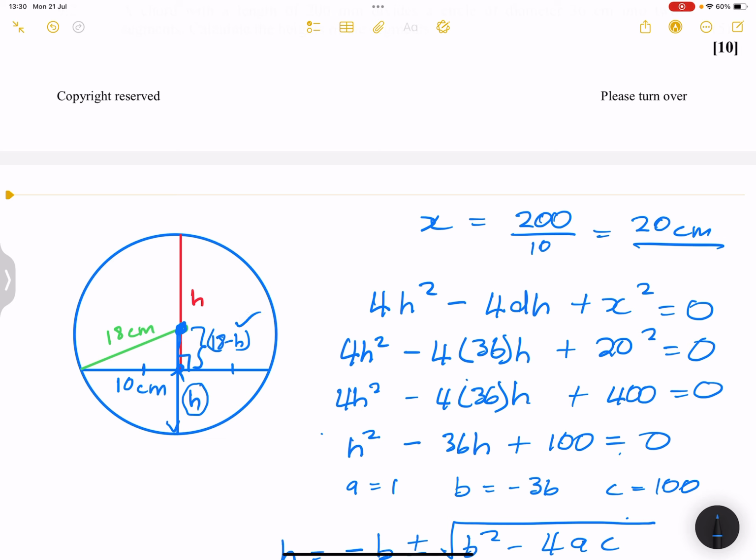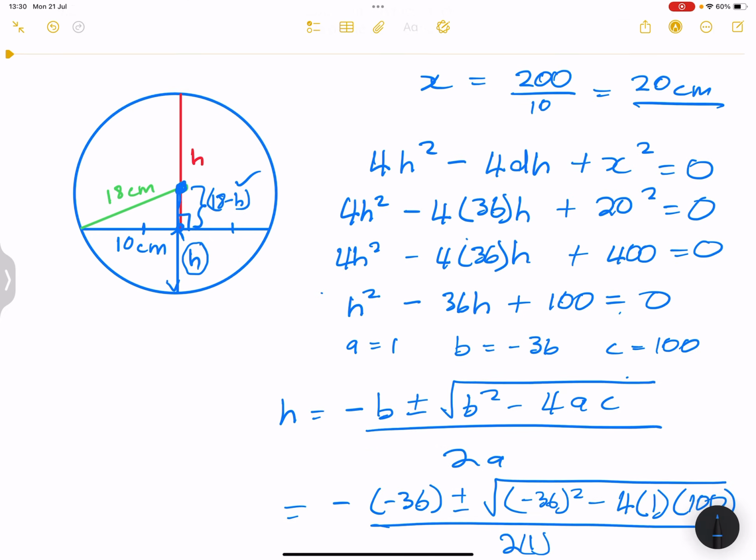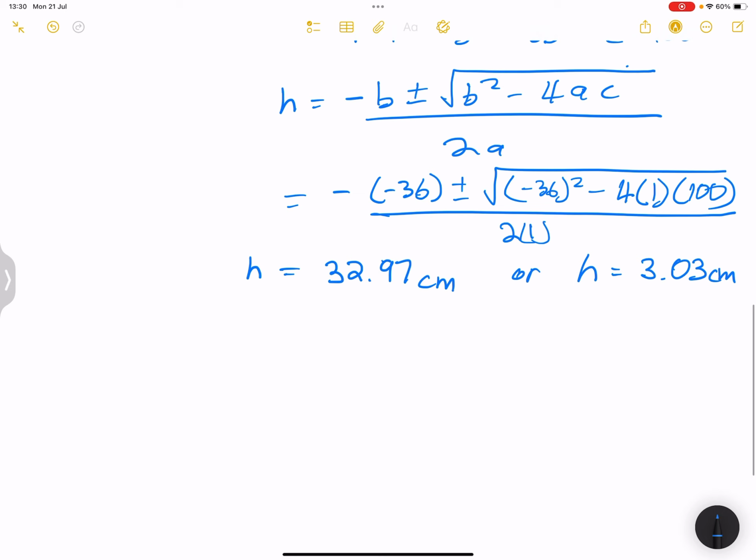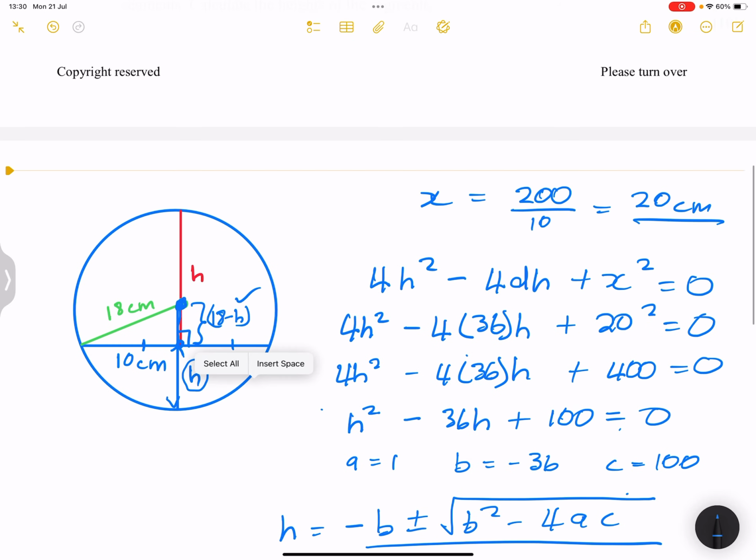Now I can work out what the value of h is. So that means I'm going to use the theorem of Pythagoras and say, well, my radius squared is going to be equal to 10 squared plus 18 minus h all squared.